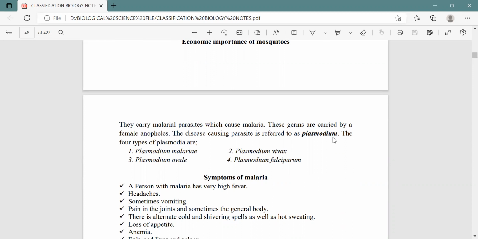They are the parasites which are spread by the mosquitoes, Anopheles mosquitoes, and which result in diseases. Those 4 species of malarial parasites are there: Plasmodium vivax, Plasmodium falciparum, Plasmodium ovale, Plasmodium malariae.